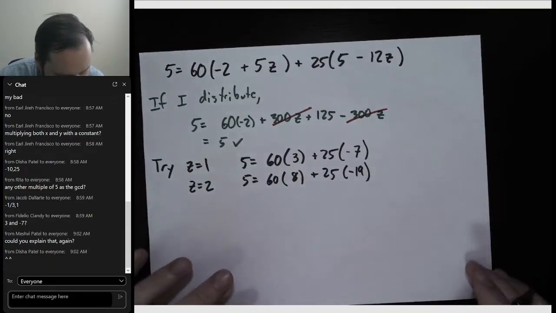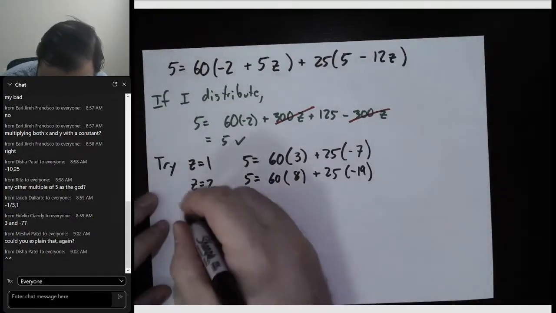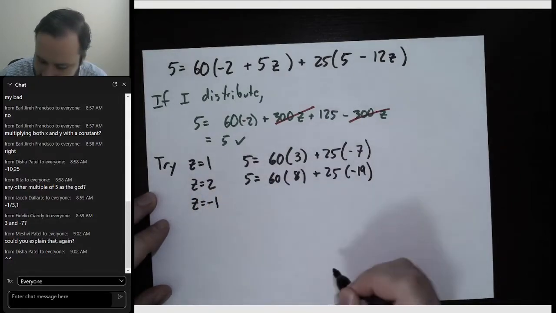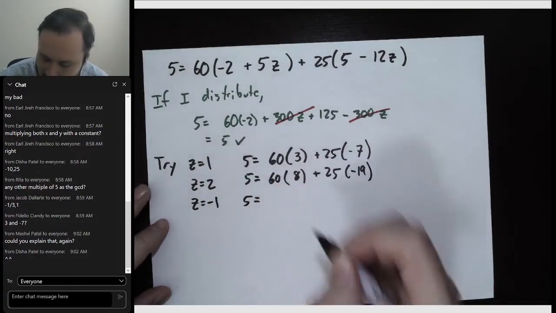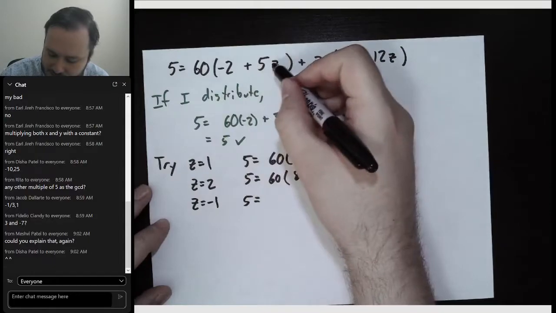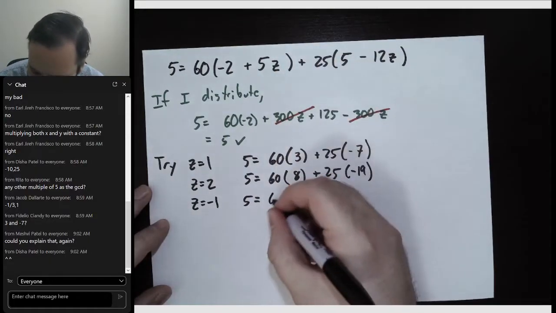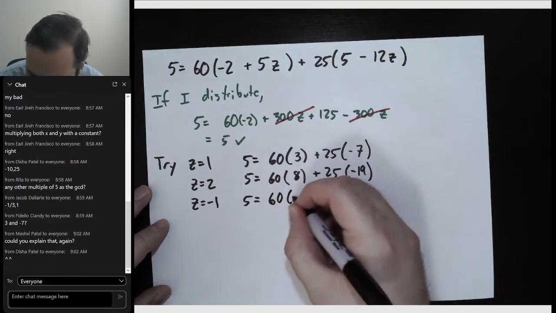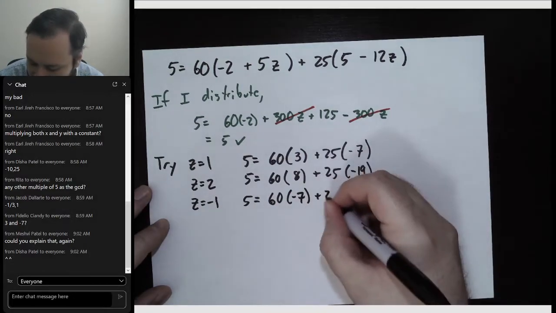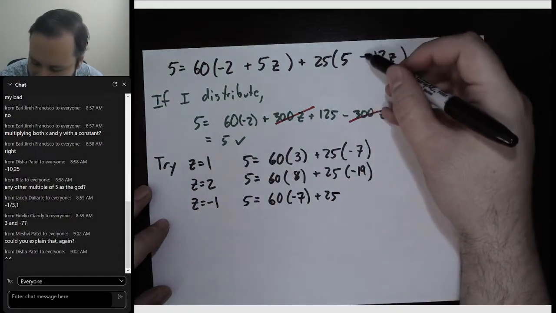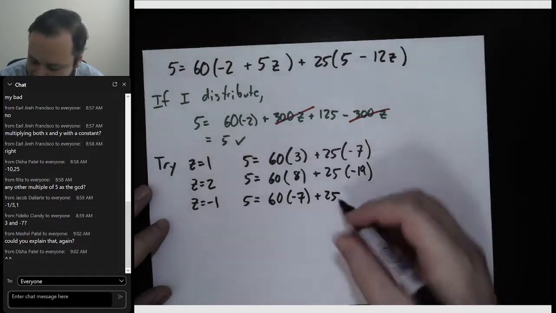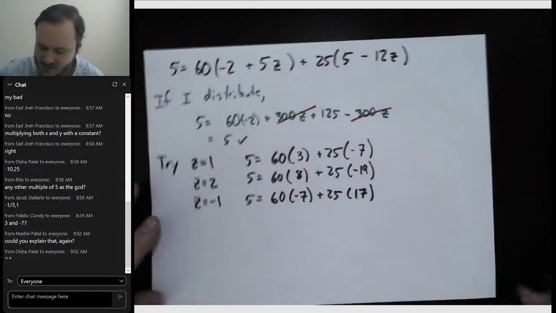I can even do negative z. That is negative 1. This works out as well. Negative 2 minus 5 more gives me 60 times minus 7 plus 25 times 5 minus negative 12, which is 5 plus 12, is 17.